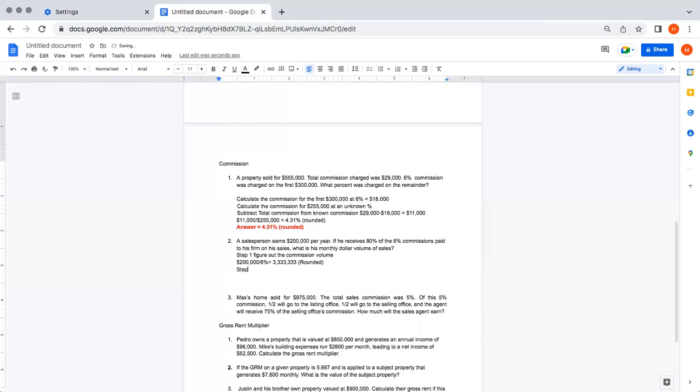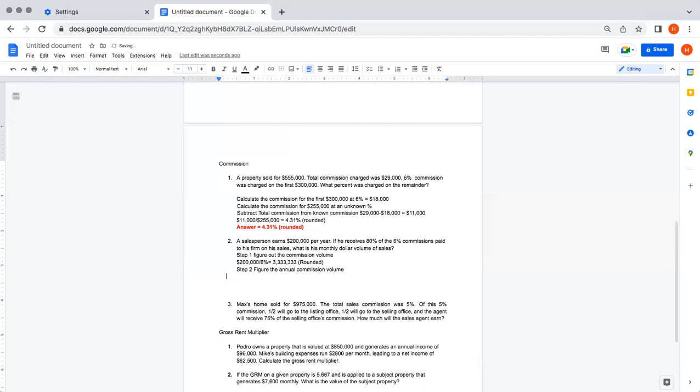So step 2 is to figure out the annual commission volume. To do that, we know that this number is 80% of the number we need to get to. So we're going to take $3,333,333 divided by 80%, or 0.8, and that equals a number.